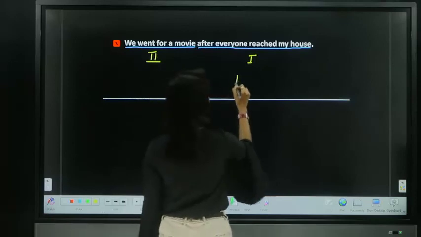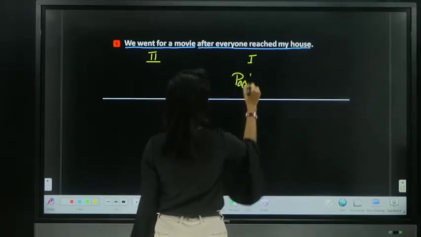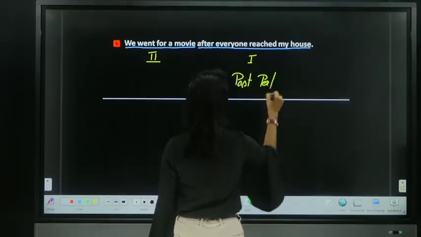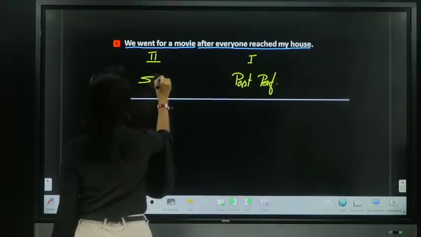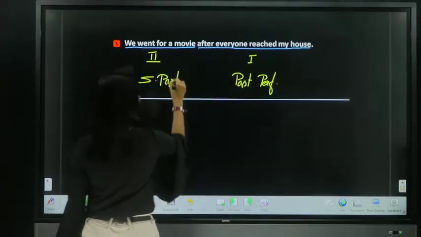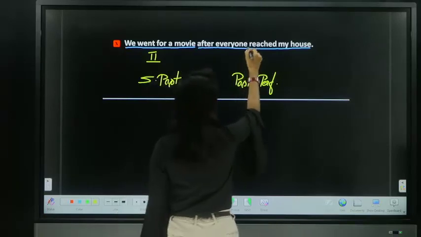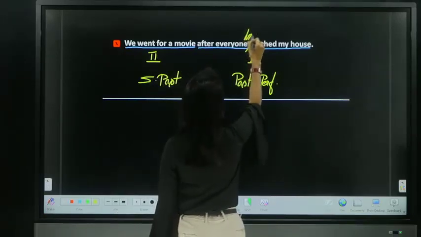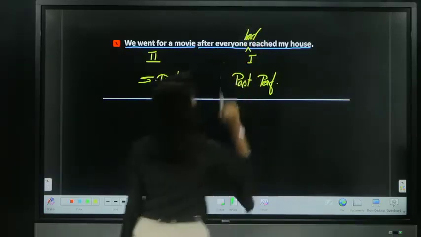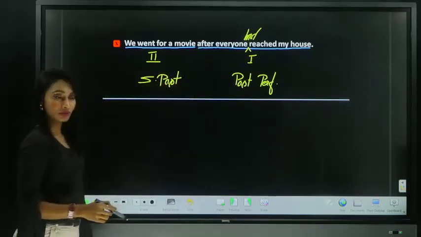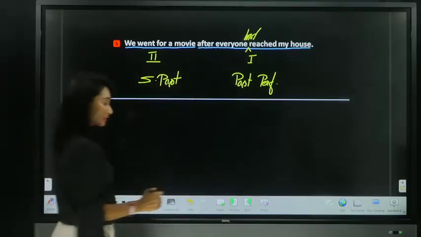Hence, the first action should be in past perfect, the second action in simple past. So what is the past perfect here? Had. Everyone had reached my home. So that is the correct one. Well done, Swapna.